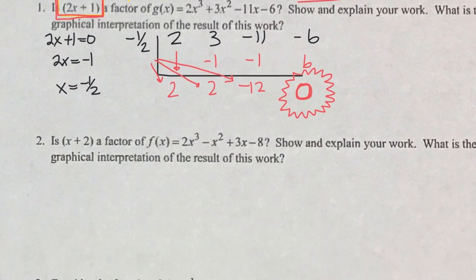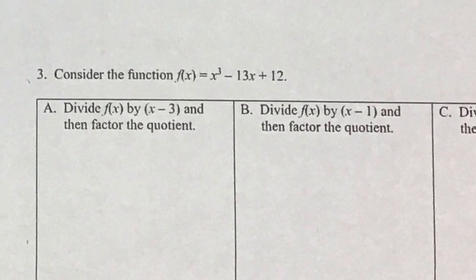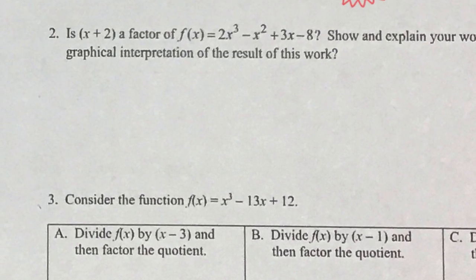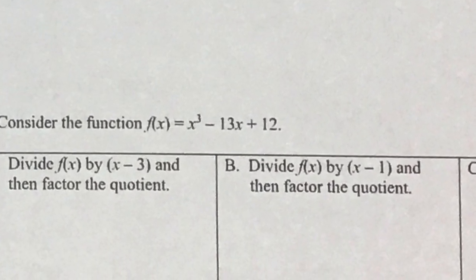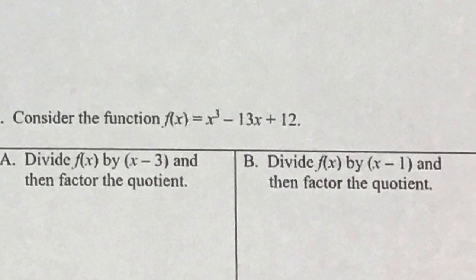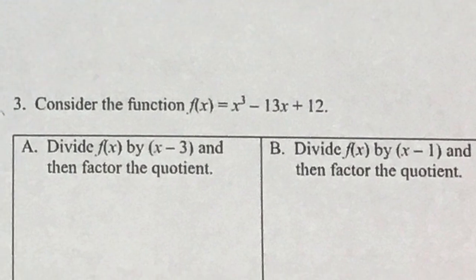We want to get a remainder of 0. So let's look at number 3, because this is how we're going to do all the stuff basically going forward. We have x cubed minus 13x plus 12, and we're going to find the zeros of that function. We're going to first start by doing what they say, divide it by x minus 3.